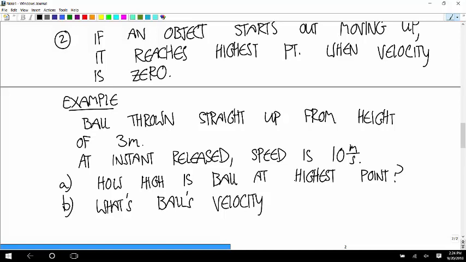So it's going to be launched up from 3 meters in the air. It's going to get to its highest point. It's going to come back down, and on its way back down to the ground, it's going to pass that height that it started at. Okay, so what's the ball's velocity? It returns to a height of 3 meters.